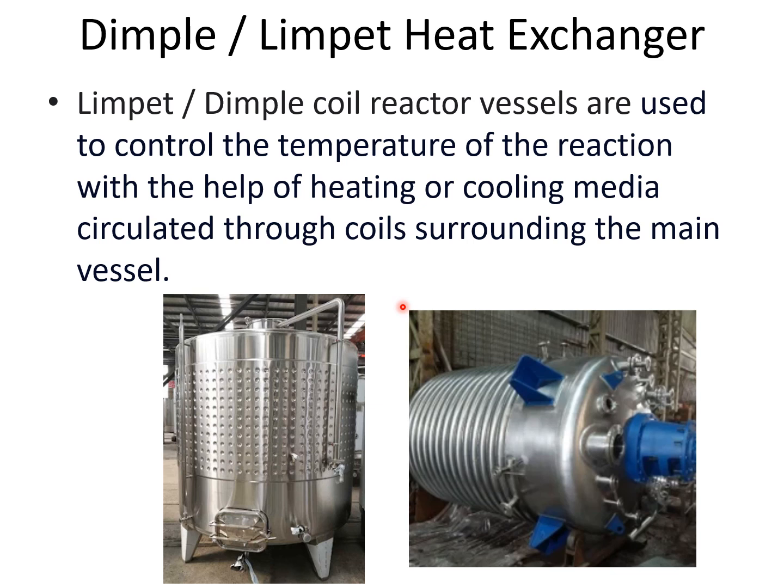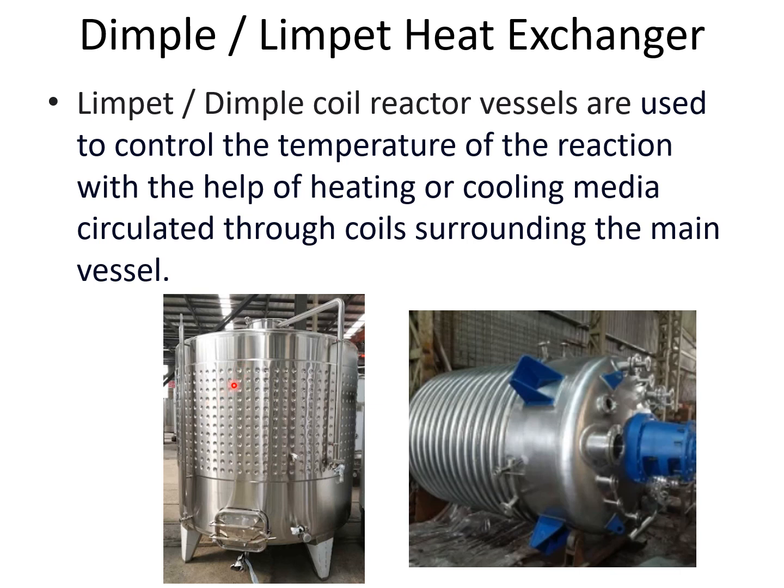So dimple or limpet type heat exchanger. This is a kind of reactor. Dimple means we have an outer layer on the shell of this reactor, and here we put dimples. You can see the dimples over here, just like a pimple on our face, or when we smile, we have a dimple, right?